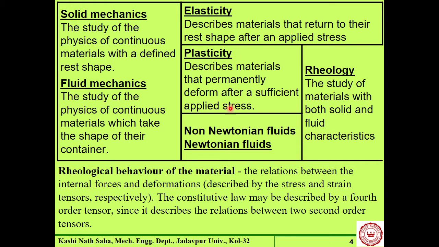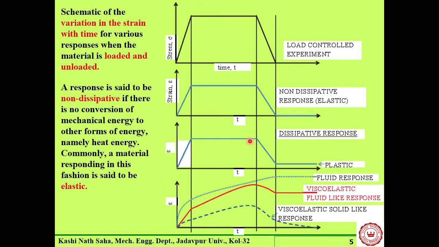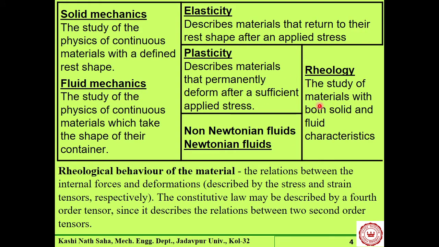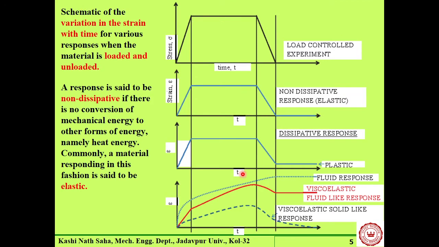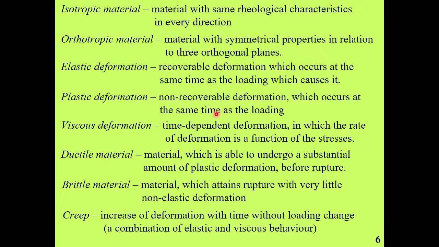In that connection, we discussed this slide earlier also. This is some description of material in these domains, plastic, rheological, etc. This is what we are not going to discuss within our course.